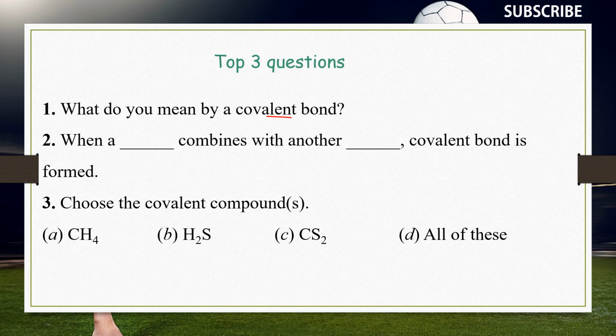Number 2, when a dash combines with another dash, a covalent bond is formed. And lastly, number 3, choose the covalent compounds. We have methane, hydrogen sulfide, and carbon disulfide. Then lastly, all of these. Which of these options do you think is the covalent compound?